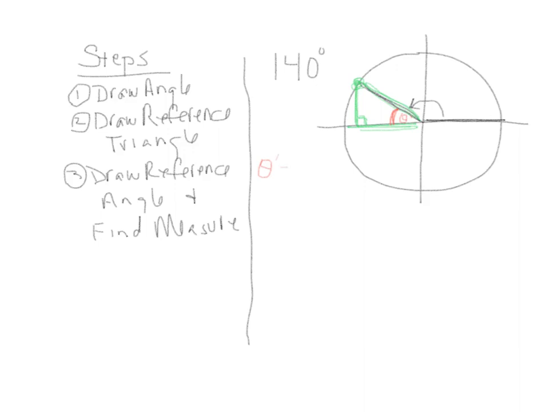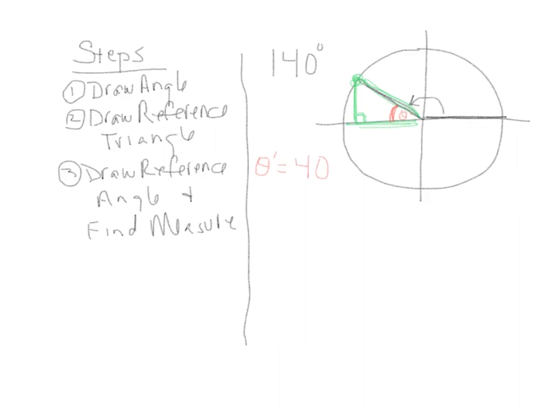That represents reference angle. What we need to know is how big is that angle? Well, you had 140 to that terminal side. That would leave 40 degrees for the remaining part inside that angle. So that's how we find the reference angle.